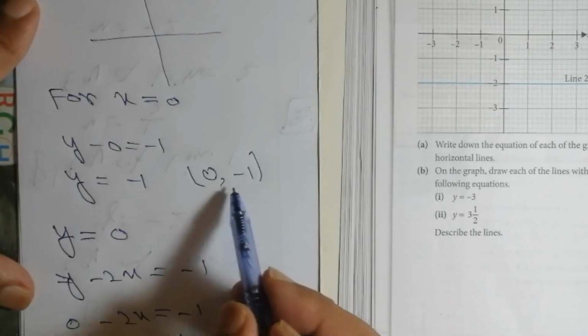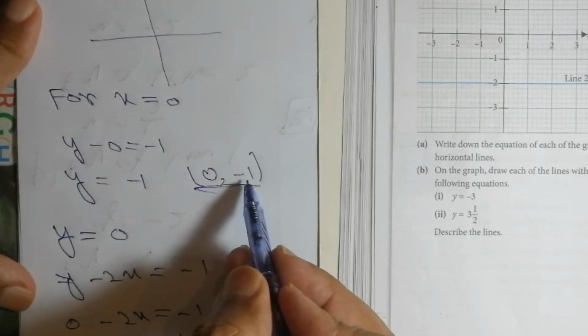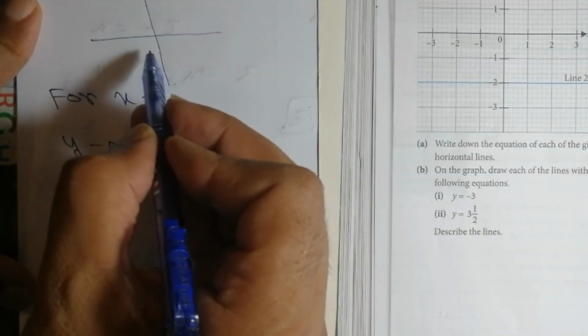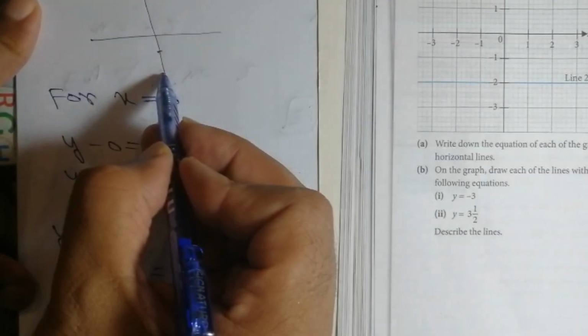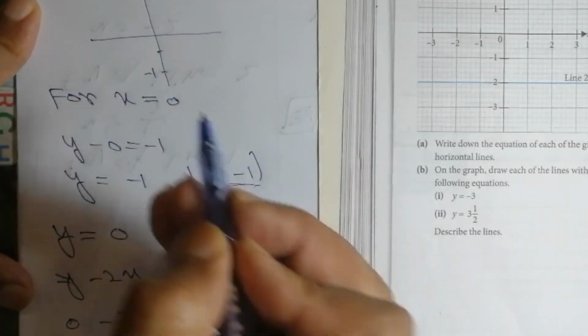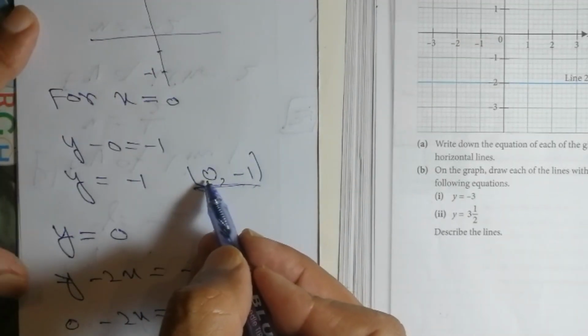So we have 2 points. Whenever we have 2 points, we can easily draw the line. For example, where is (0, minus 1)? Suppose minus 1 is here on the y-axis and 0 is x.